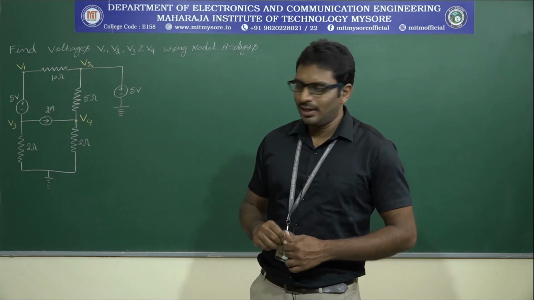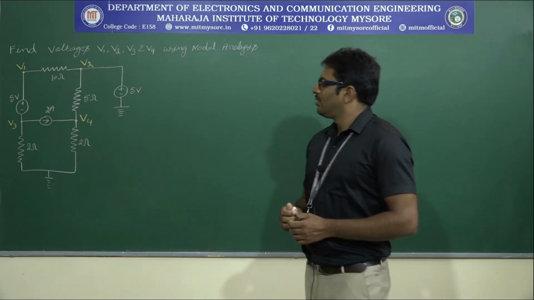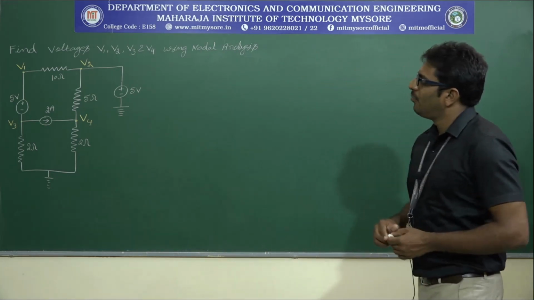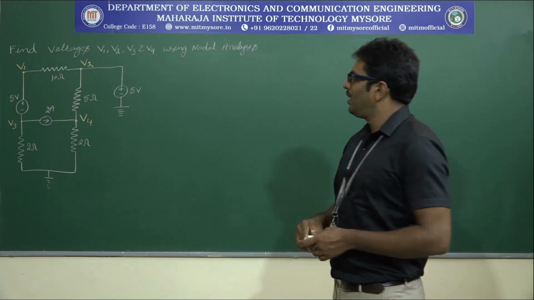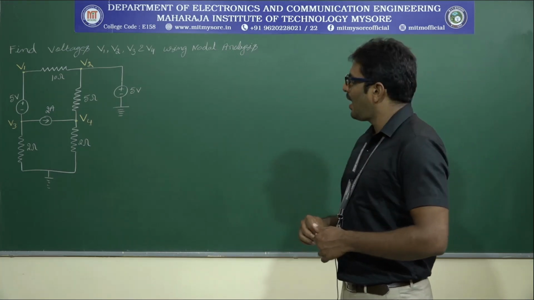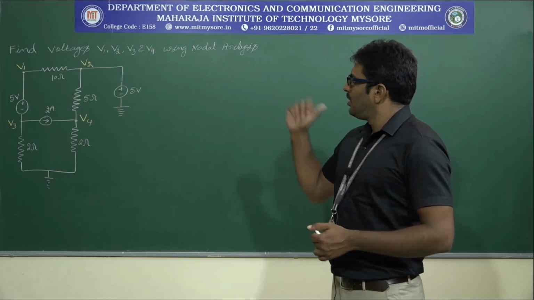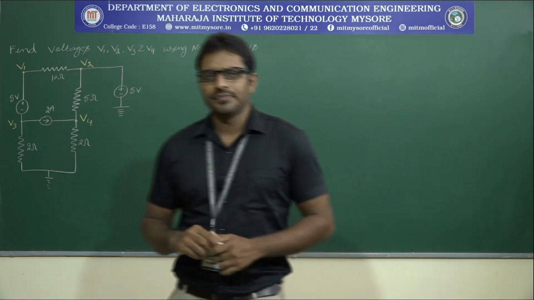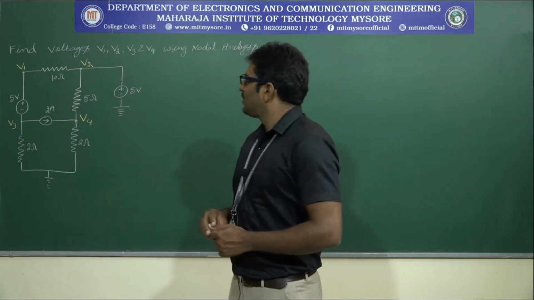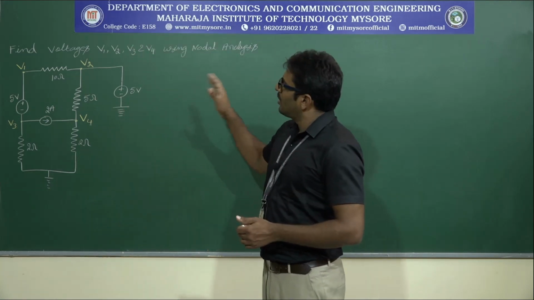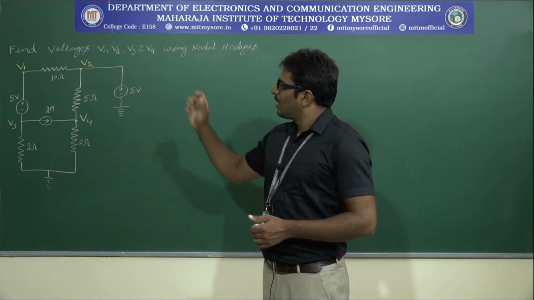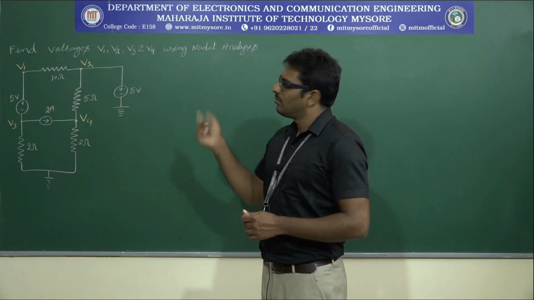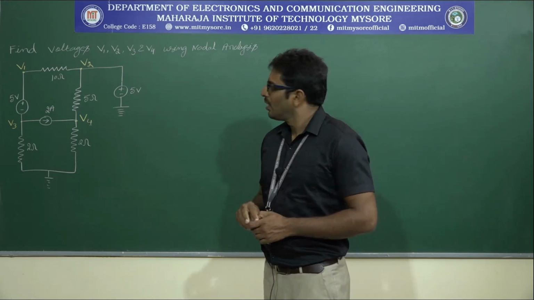Let us move on to the next problem. What is the problem? Find voltages V1, V2, V3 and V4 using nodal analysis for the circuit shown in figure. Just see the circuit, see what are the parameters we need to calculate, that is given and also mentioned in the diagram.